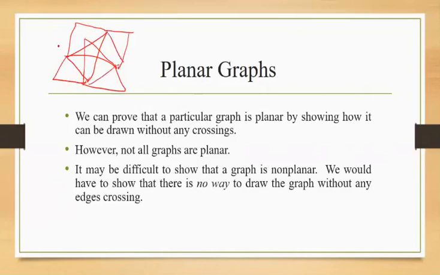Now if I'm marking it as A, B, C, D, E, F, G and H, and I want to show that this graph is either planar or non-planar, I have to draw the graph in such a way that no two edges intersect. Now we may not get that in the first attempt or the second attempt. So until and unless we can show that there is no way to draw the graph without any edges crossing, it will be difficult.